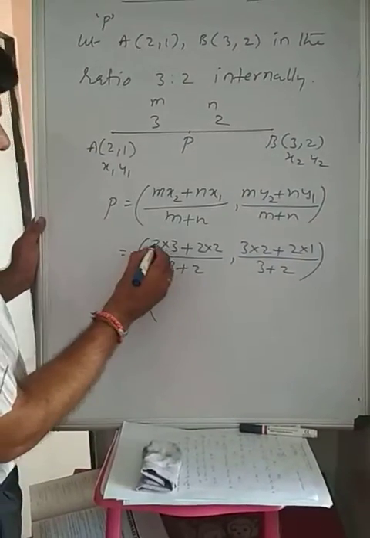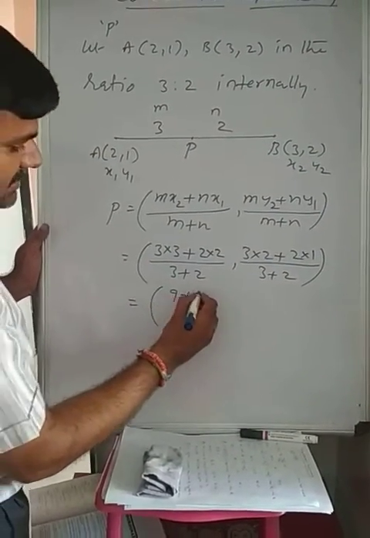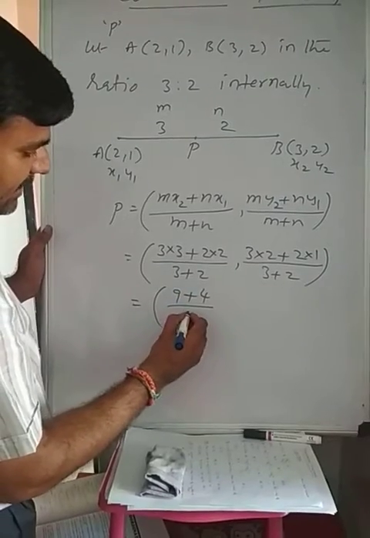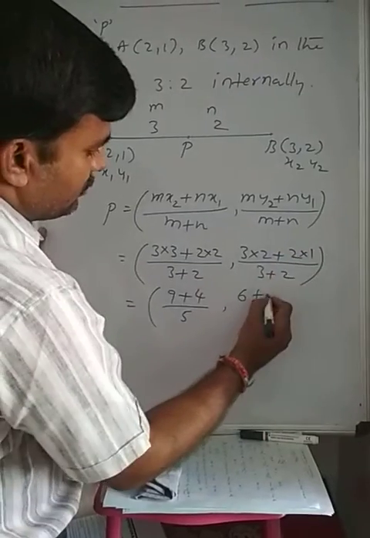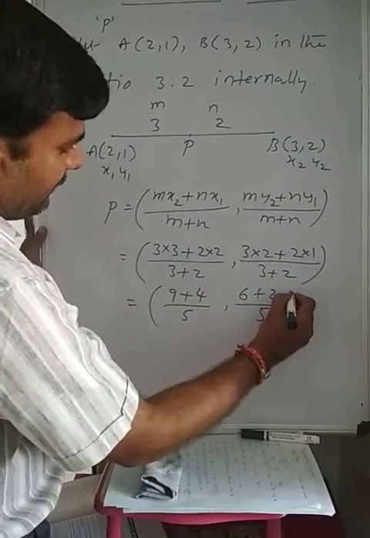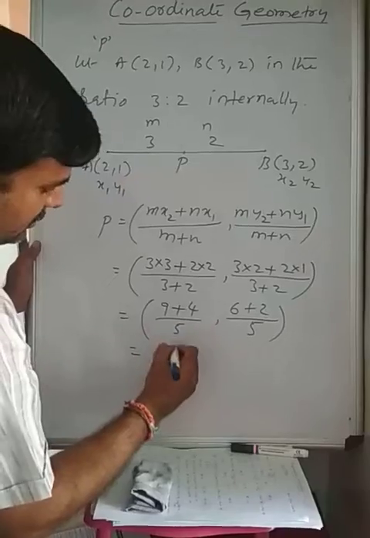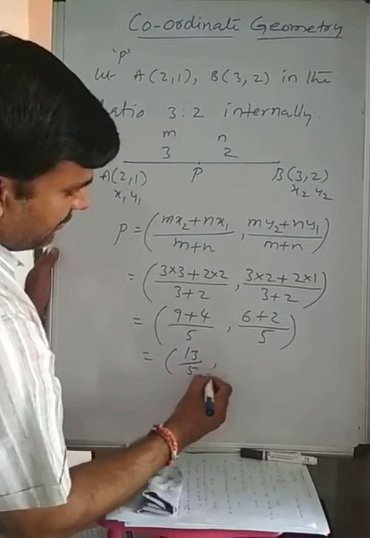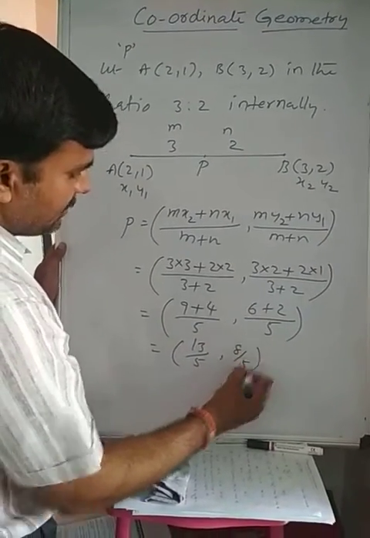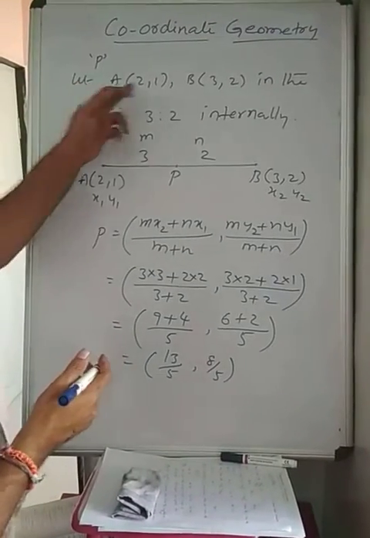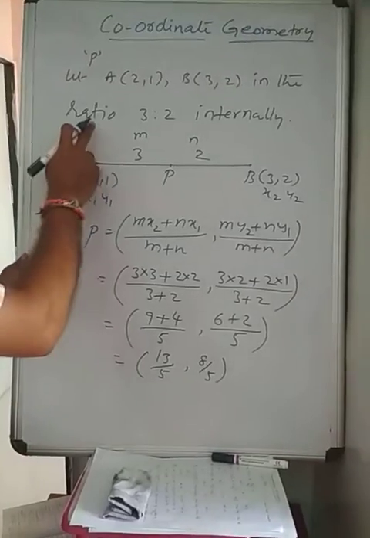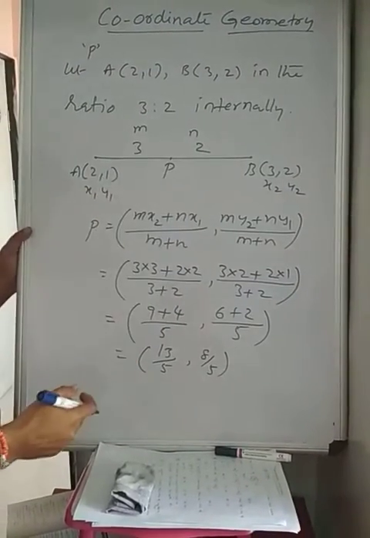This is equal to 9 plus 4 divided by 5, comma, 6 plus 2 divided by 5. This is equal to 13 by 5, comma, 8 by 5. So this is the coordinates of P that divides the line segment AB in the ratio 3:2 internally.